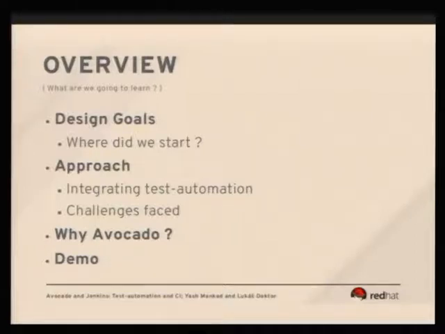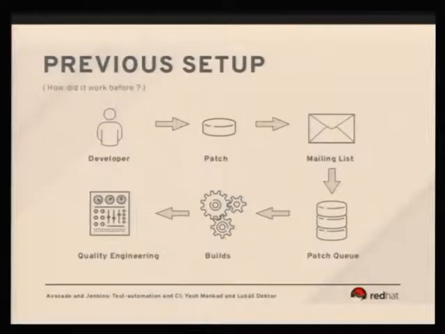I then have a small demo where I'm going to show you how all of these things work together. Lukáš will then take over and he's going to be talking about the basics of Avocado and the developments that have been made over the last few months, and even he has a small demo lined up for you guys. So let's begin.